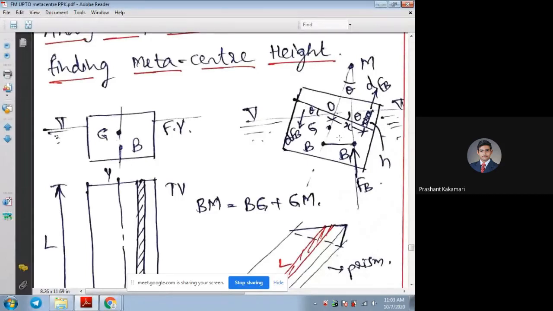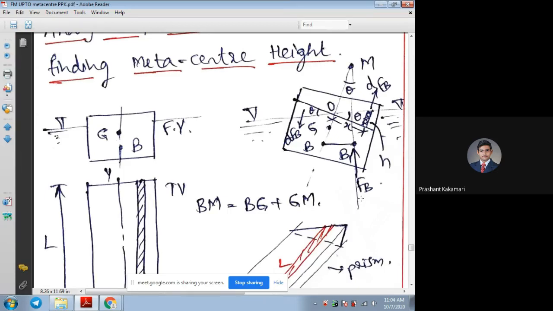After tilting, the buoyancy point, which earlier was at B, has a new position, because more mass is inside the liquid on the right side and very little mass is submerged on the left side. So the buoyancy point will be shifted from B to B1 because of the more mass on the right side. The new buoyancy force acts because of the tilt or the movement of the ship.